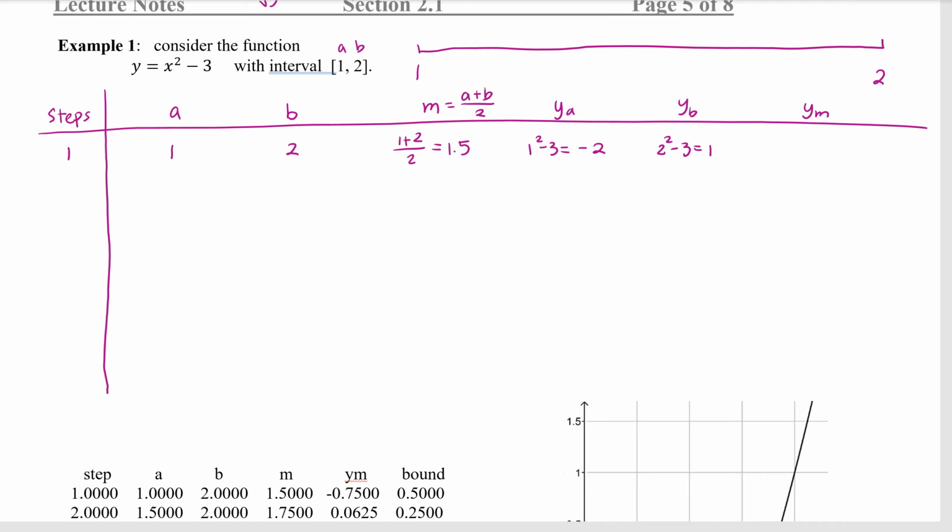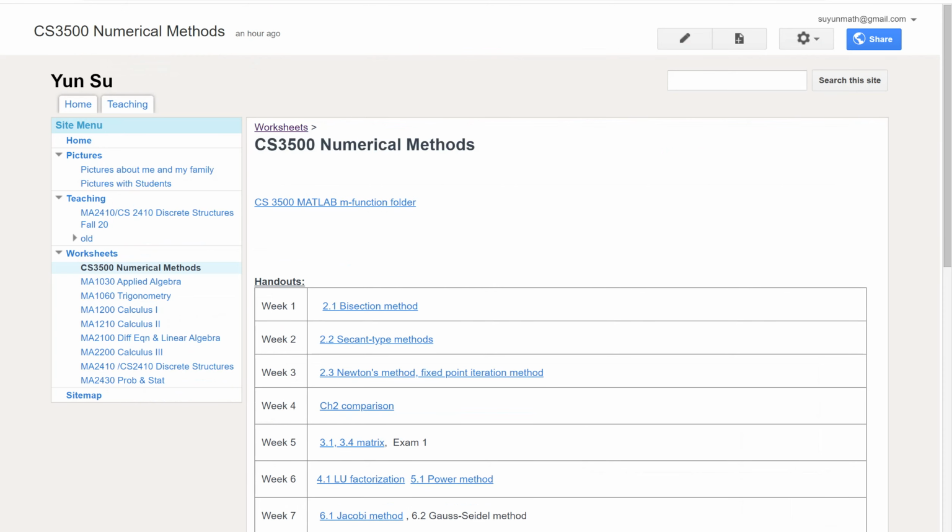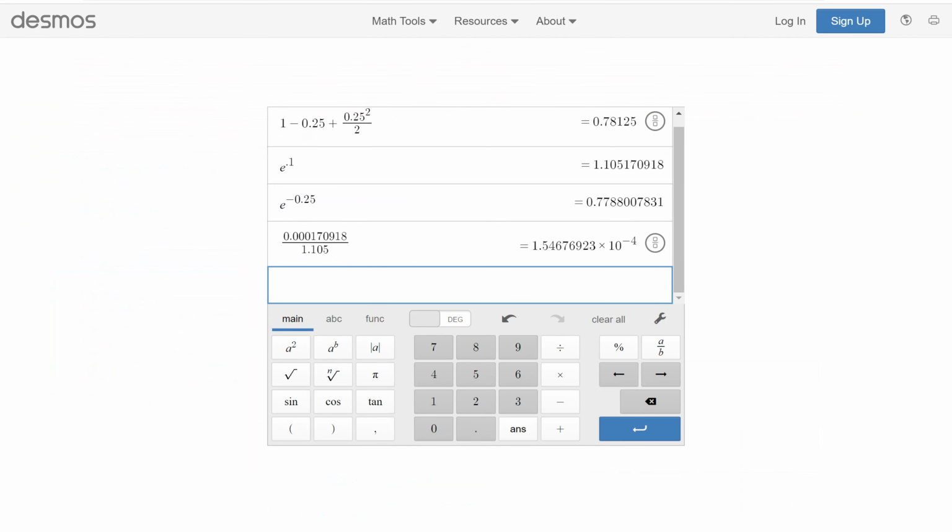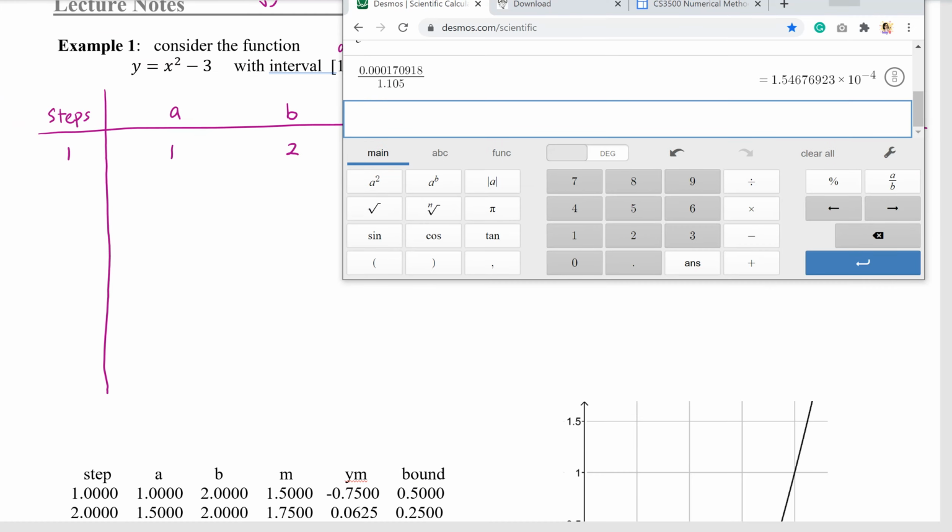YM, what's YM? 1.5 squared minus 3, that equals, let's find our, okay. This is our calculator. Okay, so what are we doing?